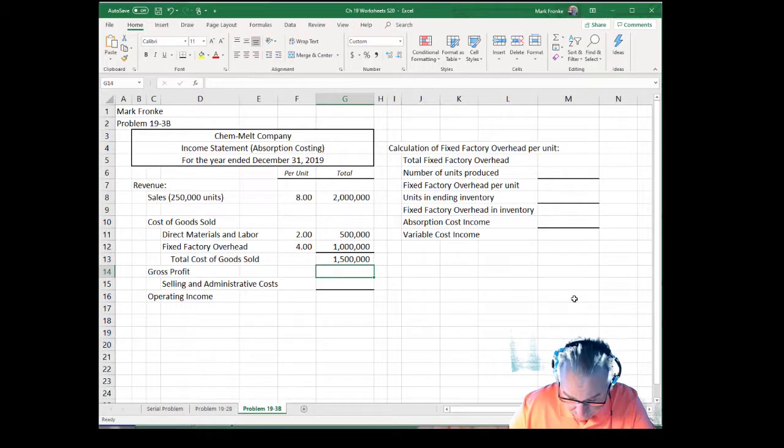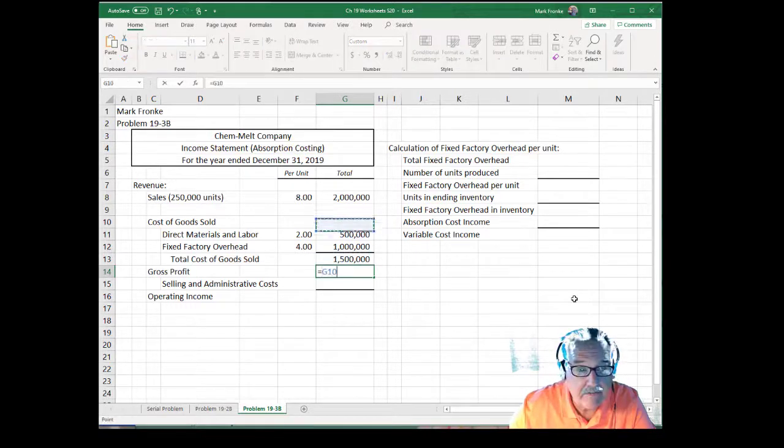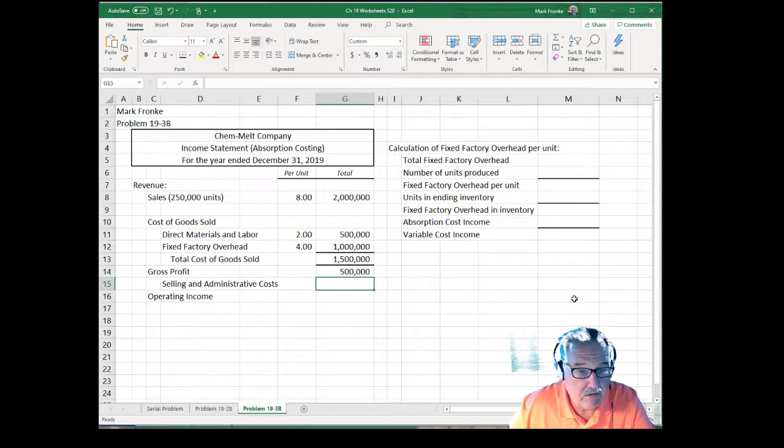So our cost of goods sold is $1.5 million. Gross profit is 500,000. Our selling and administrative expenses are 450,000. So our operating income is 50,000.